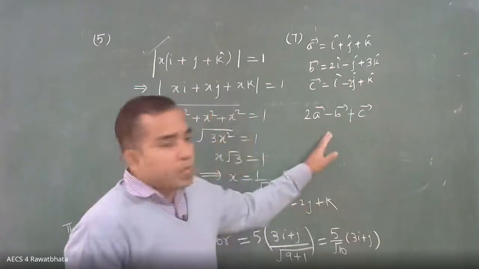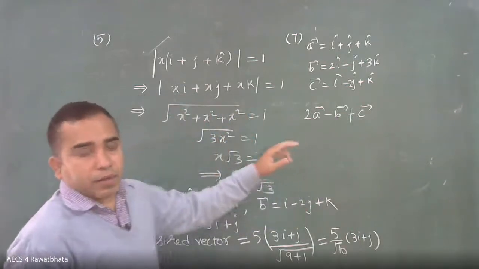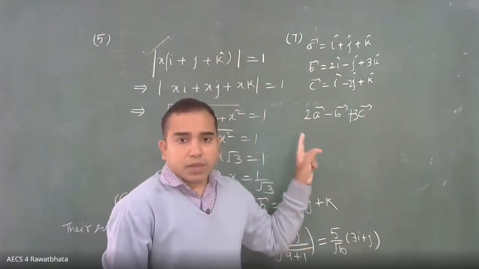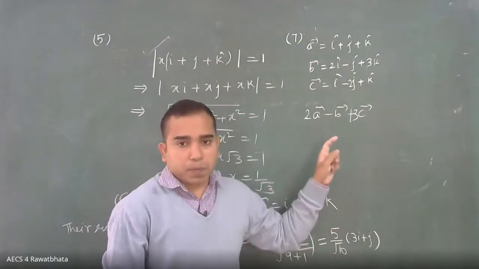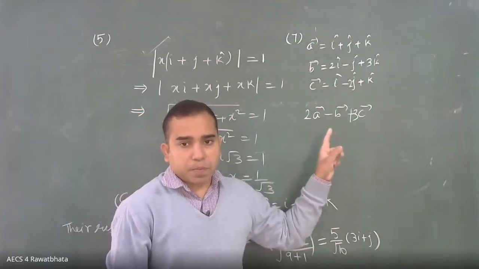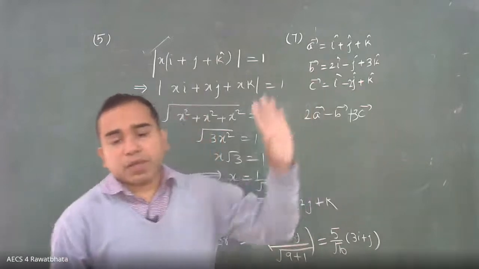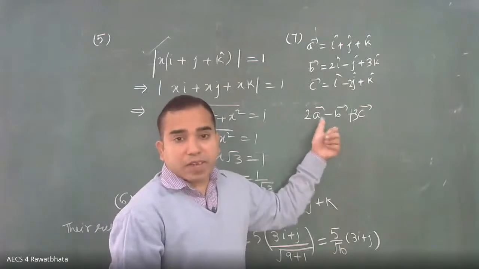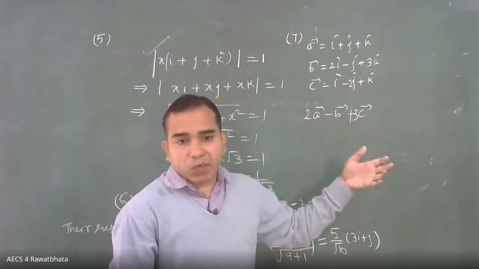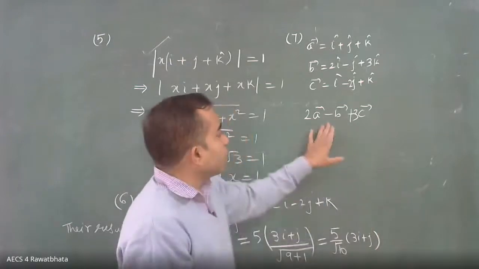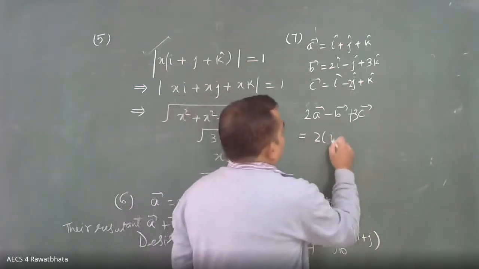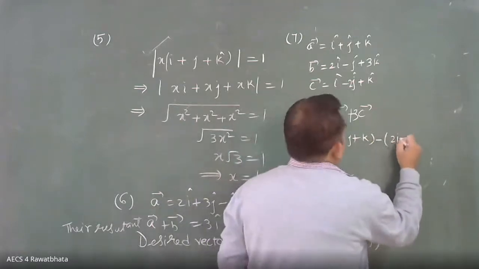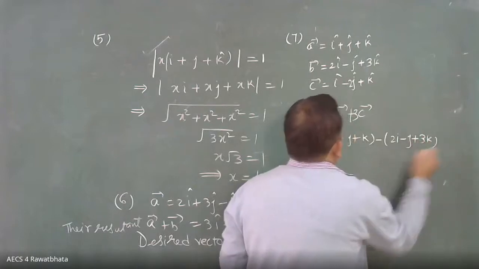Two A minus B plus C, right? Plus 3C. What I have to find? I have to find a unit vector in this direction. Let us first of all find out this vector. उसके बाद उसको यूनिट बना लेंगे कैसे उसके मैग्नीट्यूड से डिवाइड करके। तो पहले तो ये वेक्टर निकालते हैं फटाफट, पुट करते हैं वैल्यू a b and c vectors की and then we will find it.